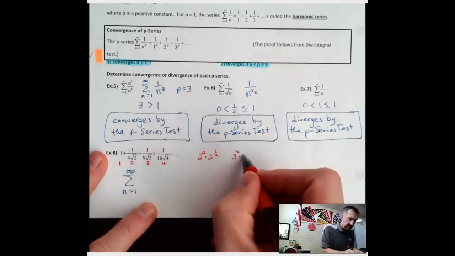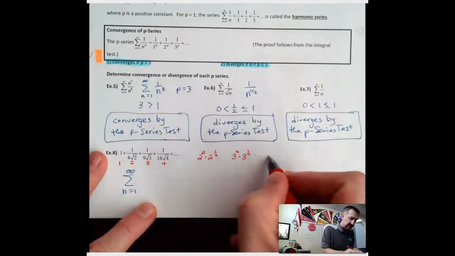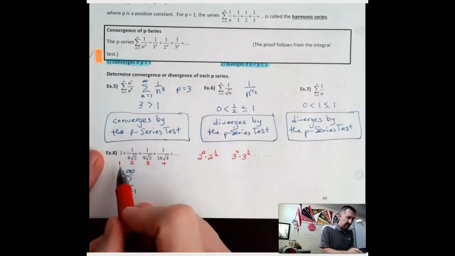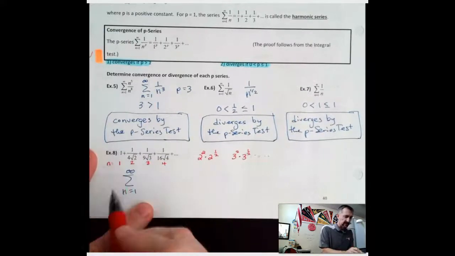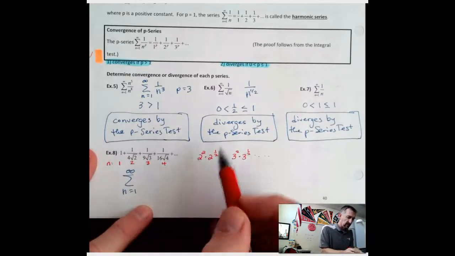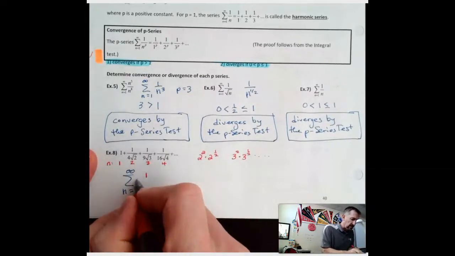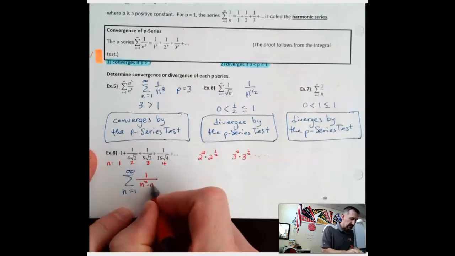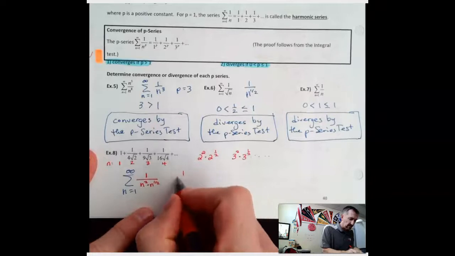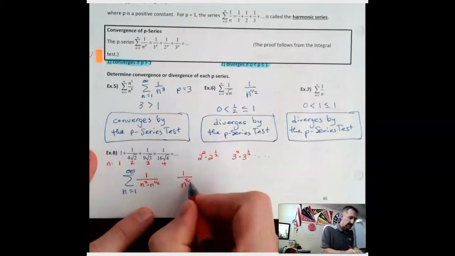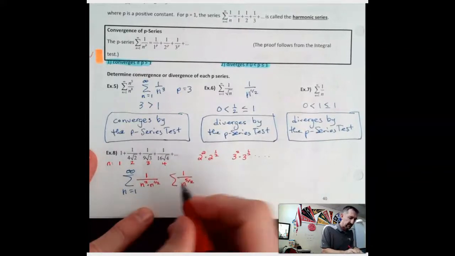That's 3 squared times 3 to the 1/2, etc. We're just focused on the denominators right now. So that's n. This is 1 squared times 1 to the 1/2, but that's just 1. So this is going to be 1 over n squared times n to the 1/2, and adding the exponents, that's going to be 5/2.